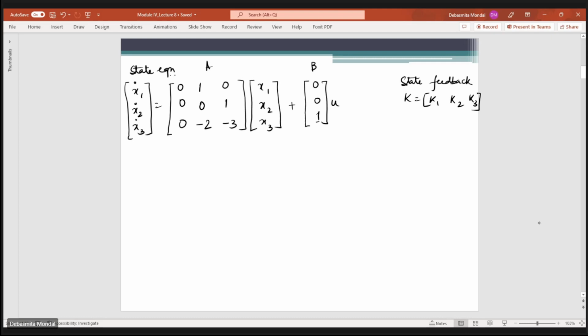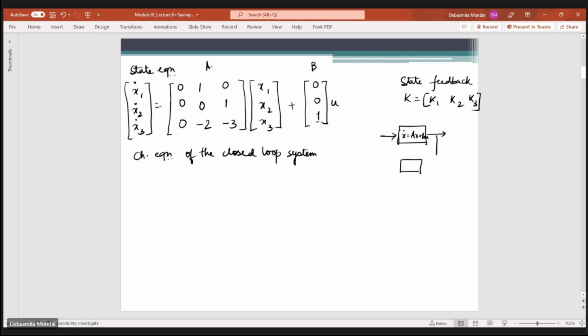So if you write the characteristic equation of the closed loop system, your plant is given by x dot is equal to Ax plus Bu.